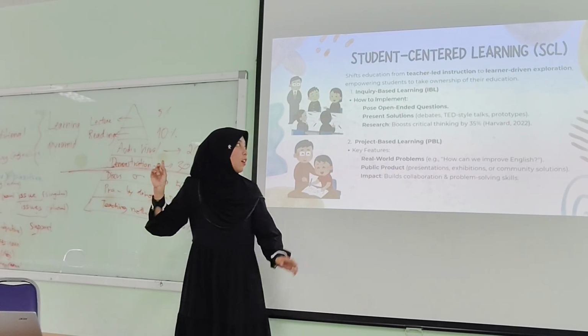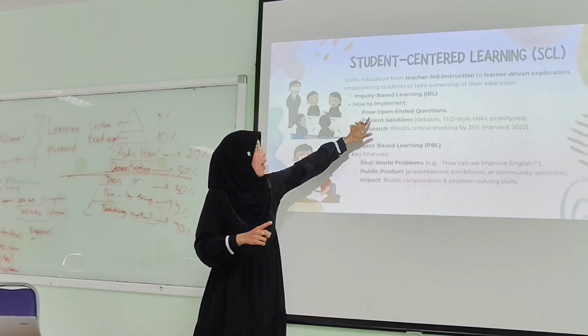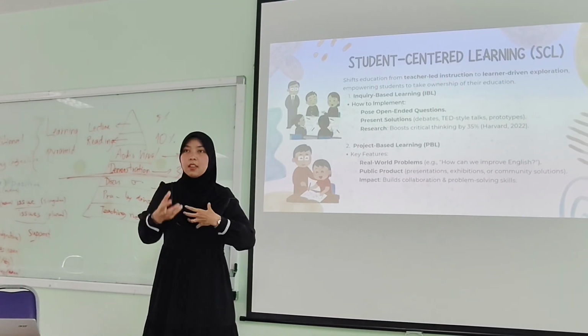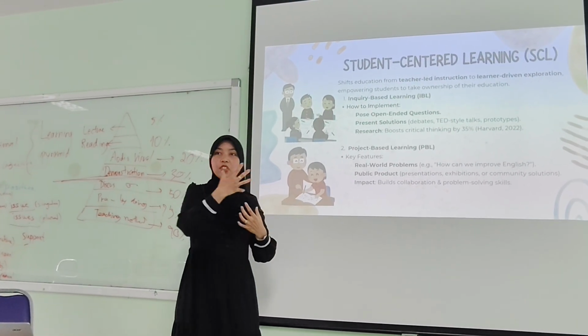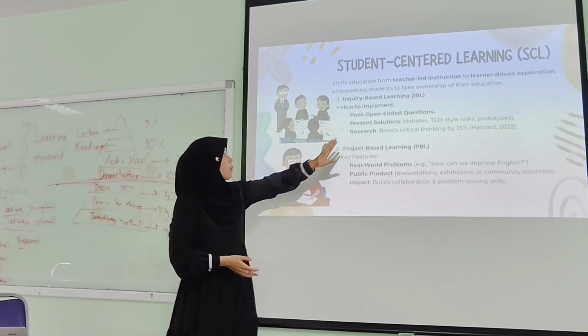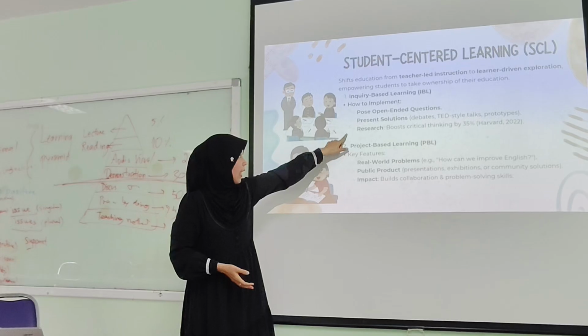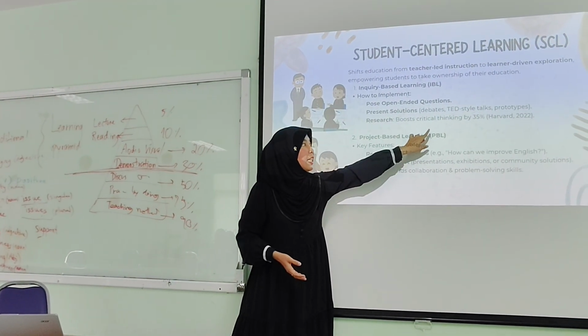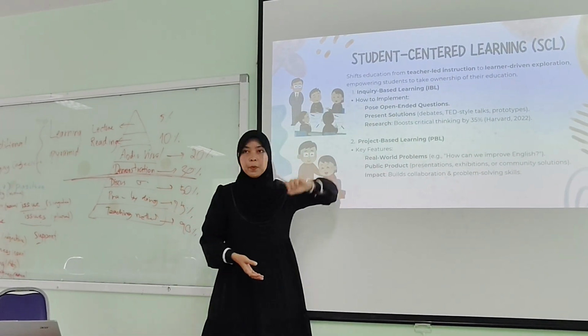Discussion, maybe ask questions to the students. If you ask them, they answer until we get the knowledge together. So the research says that it boosts creative thinking by 25%.